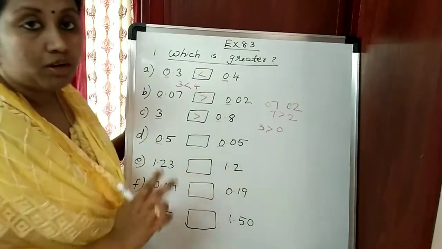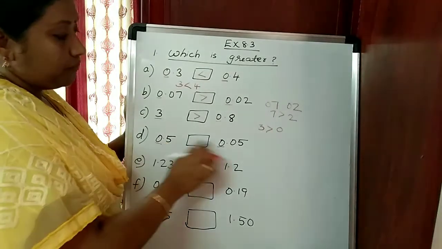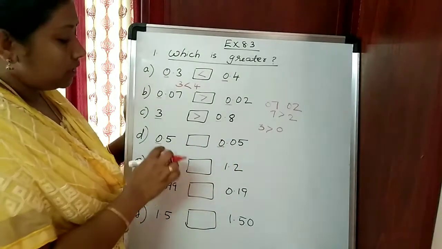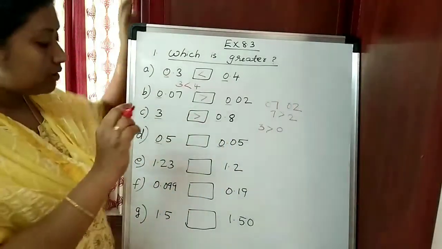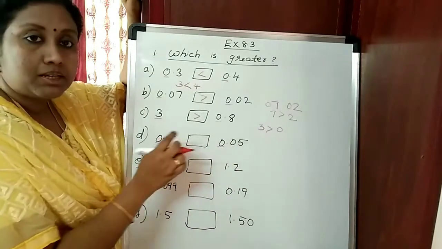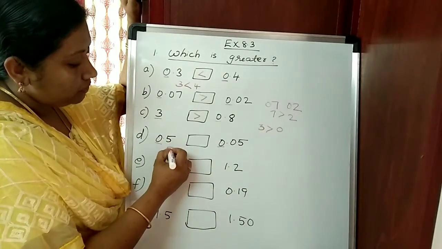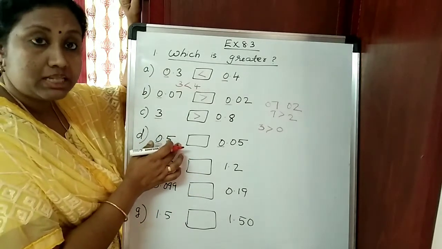Okay. So what is our next step? Yes, if they are not like decimals, that means here only 1 and here 2 digits, you convert these two decimal numbers into like decimals. That means for this 5, we need 2 digits in the decimal part here also.